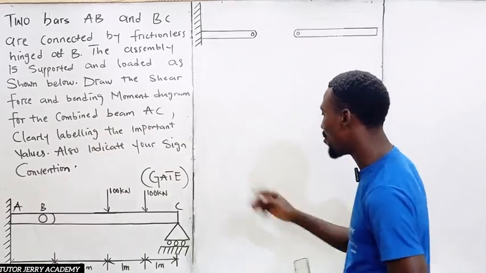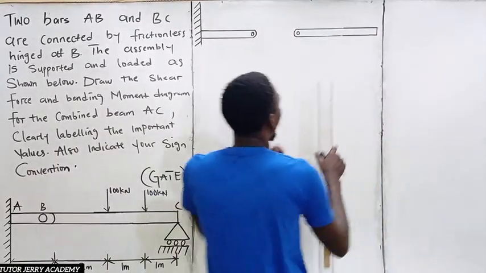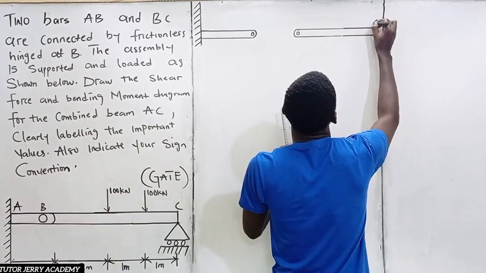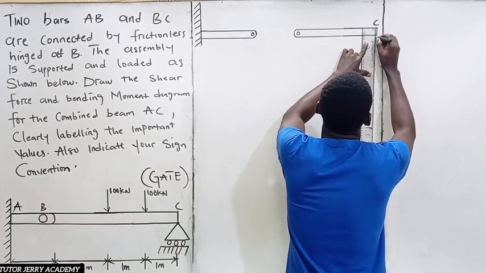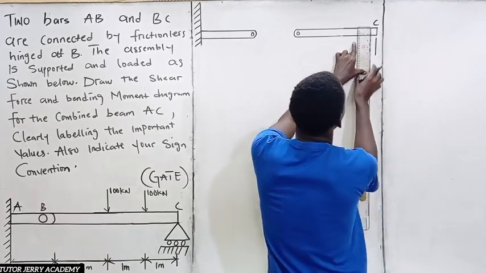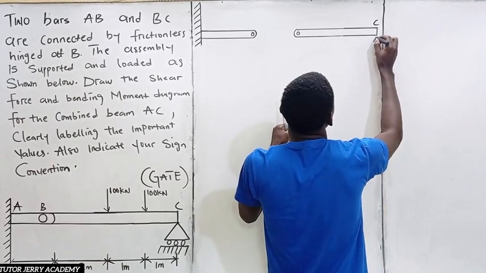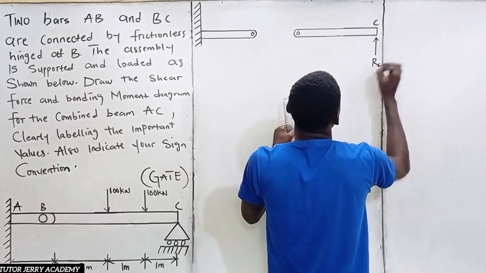So we are only going to have a reaction at C. Let's just take it to be upward, R subscript C.